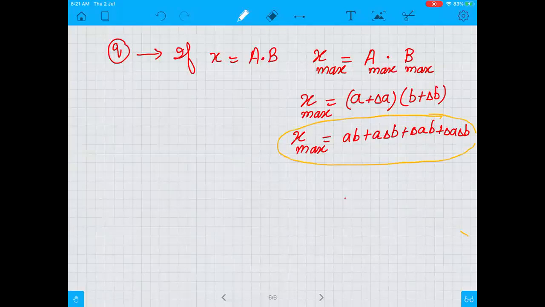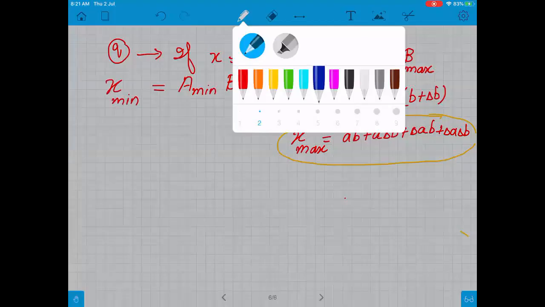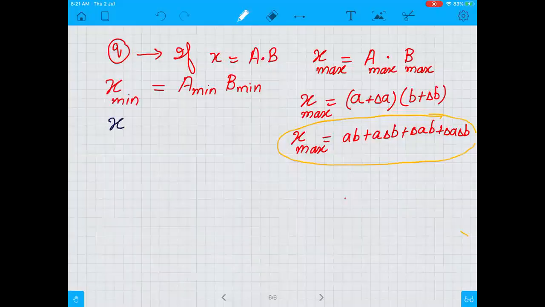Now let's write the minimum value of x. The minimum value of x will be the product of minimum value of a and minimum value of b. So the minimum value of x would be equal to the minimum value of a into the minimum value of b.